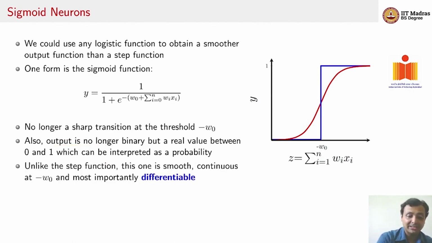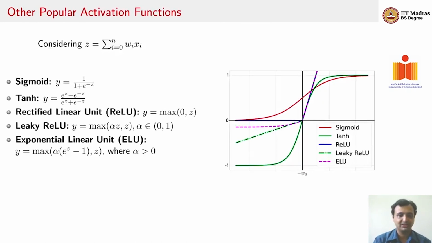More importantly, unlike the step function, this function is smooth. It's continuous at minus W naught, which is your threshold. It has no discontinuities, and is also differentiable. Why is this important? We will see very soon. It being differentiable is extremely important for how we're going to train these kinds of networks.